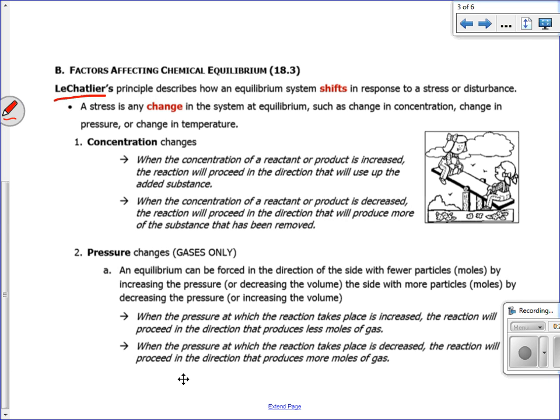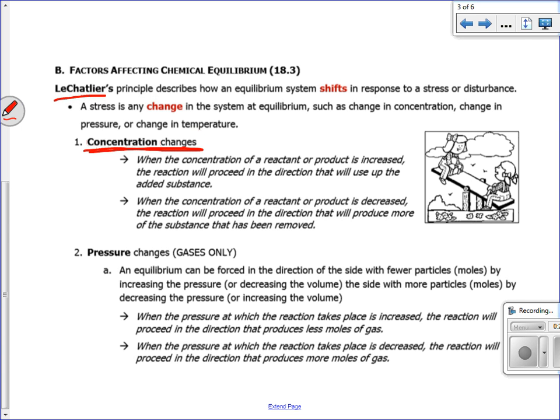You can have changes in concentration. Basically, I have a system at equilibrium. I have a reaction and it has its established ratio of products and reactants, has its own KEQ value, but I come in and I stress or change something in the reaction. I remove one of the reactants, or I add pressure, or I change the temperature.